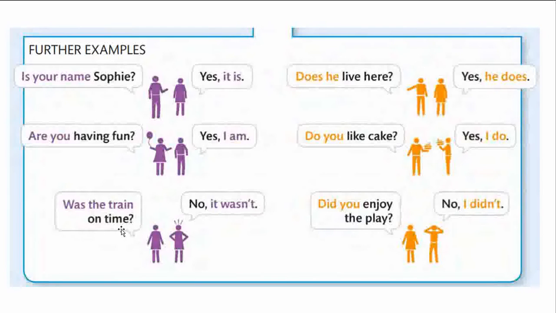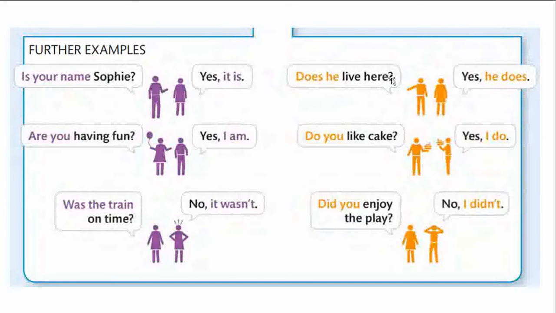Was the train on time? No, it was not. Was not is contracted to wasn't. No, it wasn't. Does he live here? Yes, he does. Or no, he doesn't. Does not becomes doesn't.